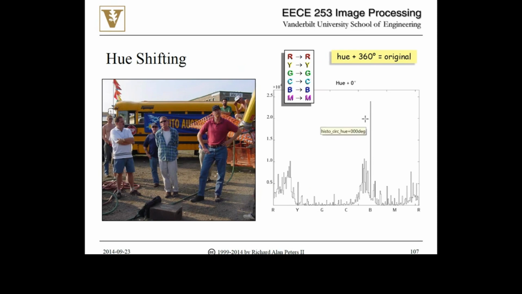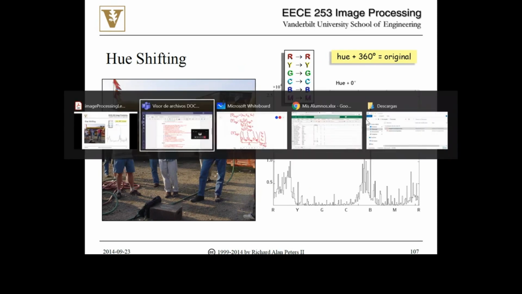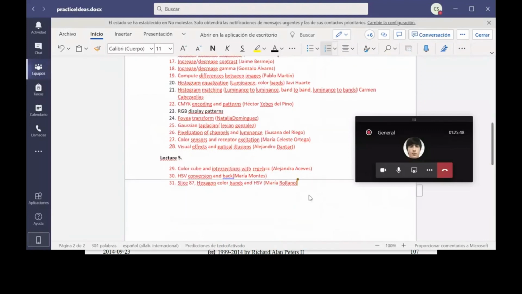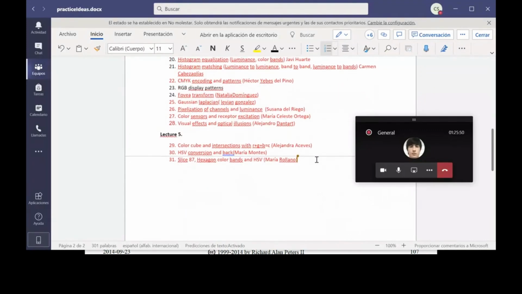So another practice to do. One would be hue, and the other one is saturation.